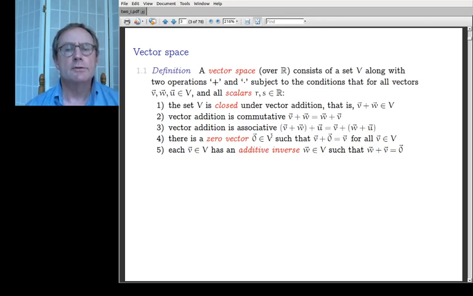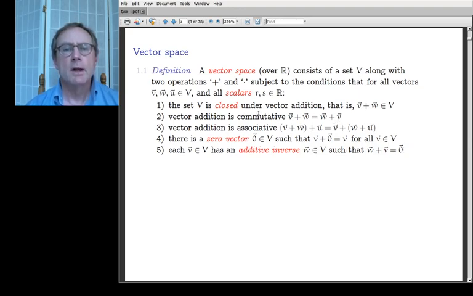Likewise for associative. There has to be a 0 object. There's a 0 3 tall vector, there's a 0 2x2 matrix, etc. There has to be a 0 object. And you have to be able to cancel. So if you have the vector 1, 2, 3, and you add it to the canceling vector, -1, -2, -3, you get the 0 vector.